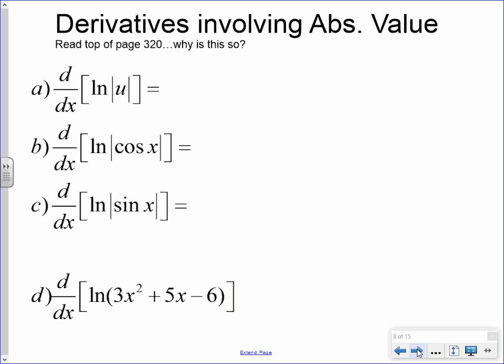Why would a logarithm maybe have an absolute value inside? We can't have negative numbers inside of our logarithms. You're not going to take your derivative any different, okay? The derivative of the natural log of cosine of x, just ignore those absolute values. We have them because we cannot plug negative numbers into our natural log.